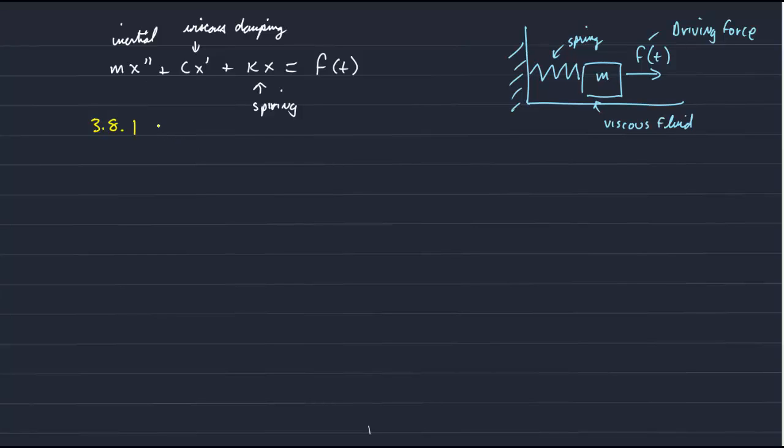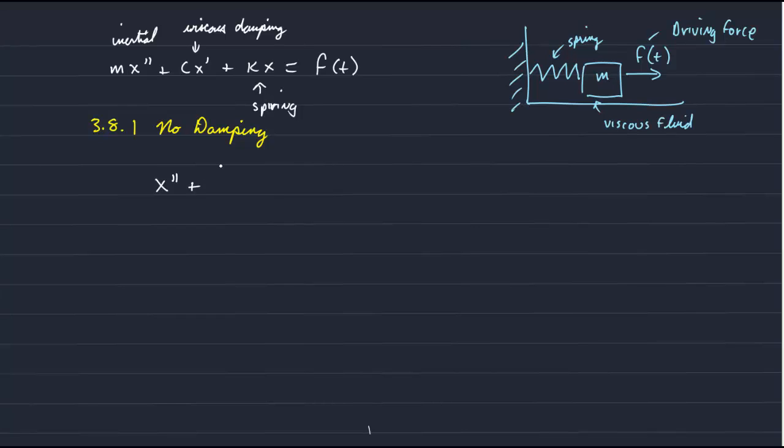So this is no damping. This is our non-damped oscillator. In which case, let's rewrite our equation, leaving the second derivative by itself.